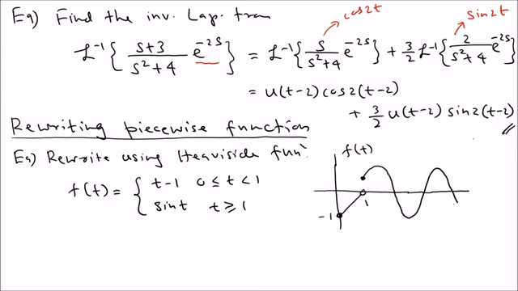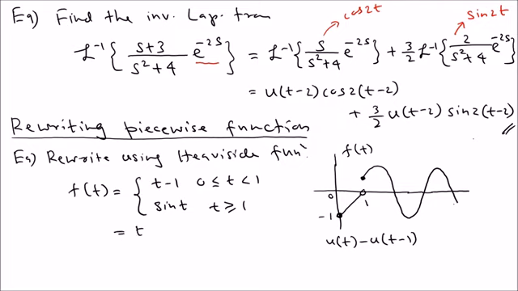So the question is how to write this as a single function using a Heaviside function. What we can do is add a switch here. For the first interval from 0 to 1, the switch is on at 0 and then off at 1. And the next one is going to switch on at 1. So we can write this by multiplying by the switch.